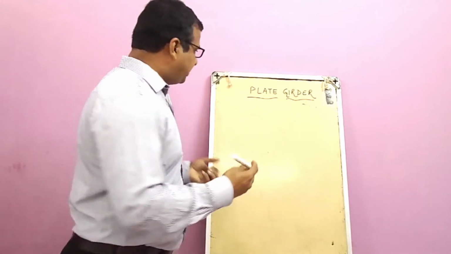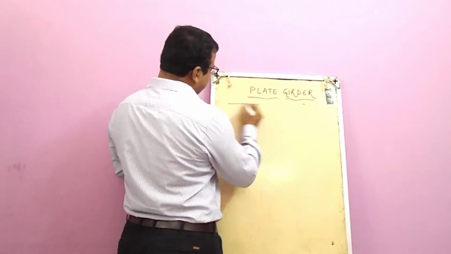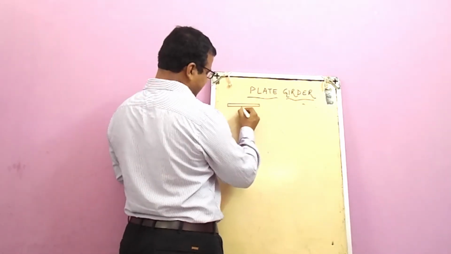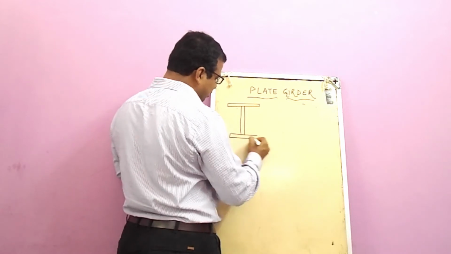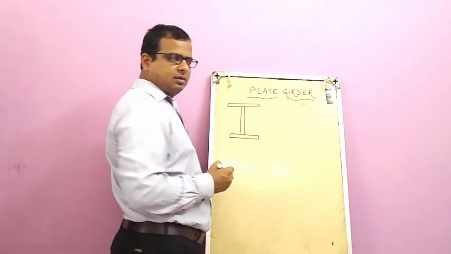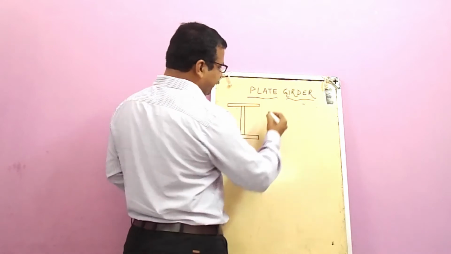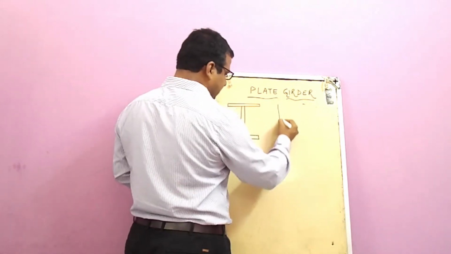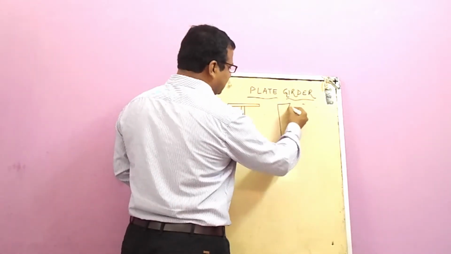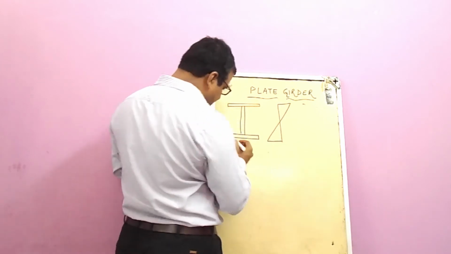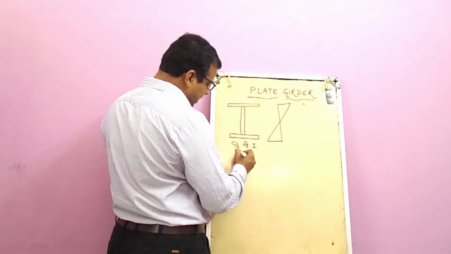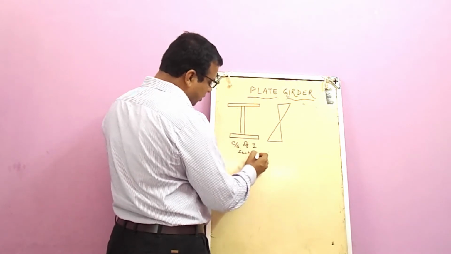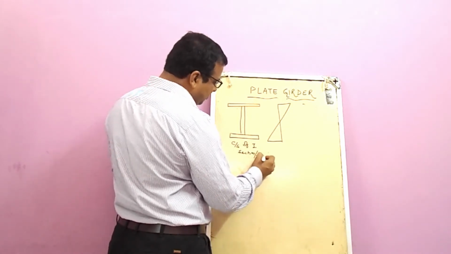Why? Basically, let's say this is an I section, and we are calculating the bending stresses or shear stresses in this section. So what will happen? For the bending stresses, this is the cross section of an I section beam.